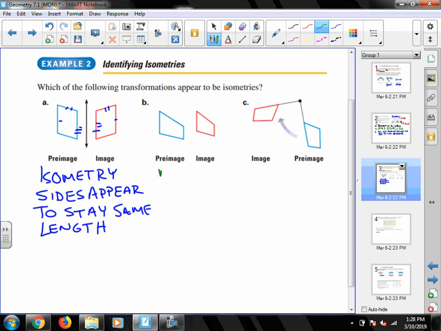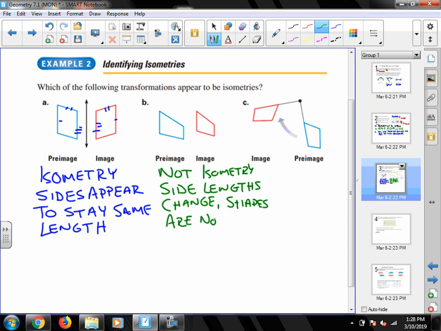So this is not an isometry, because side lengths change and the shapes are not congruent. So side lengths change, not an isometry.